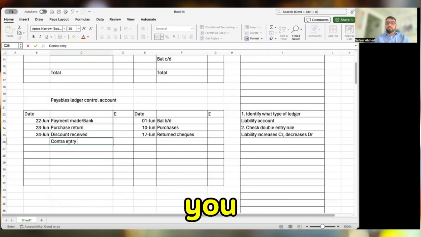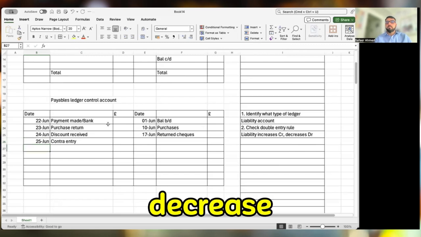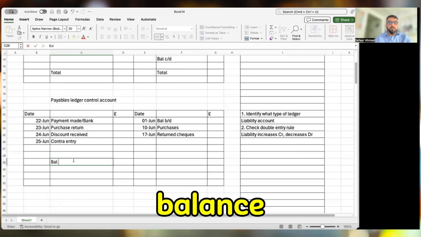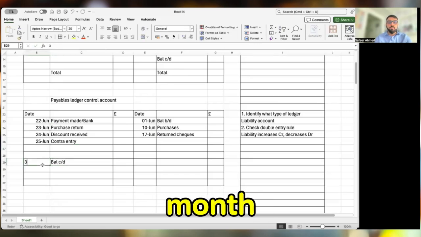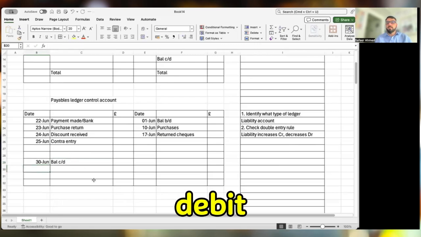Remember, if you owe your suppliers, but your supplier owes you something as well, it will be a contra entry and it will decrease the money the business owes to its suppliers. So now your balance carried down, which is normally at the end of the month, will be on the debit side here.